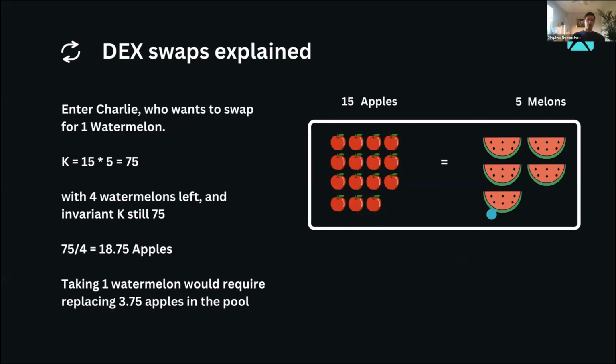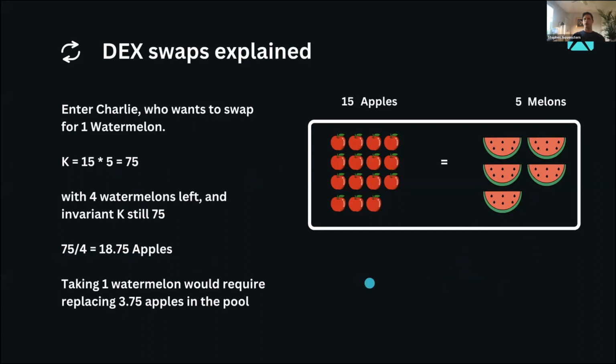So with 4 watermelons, you solve for K, trying to solve for the amount of apples. 75 divided by 4 is 18.75 apples, which is 3.75 more than is already in the pool. And that's how much would have to be swapped.